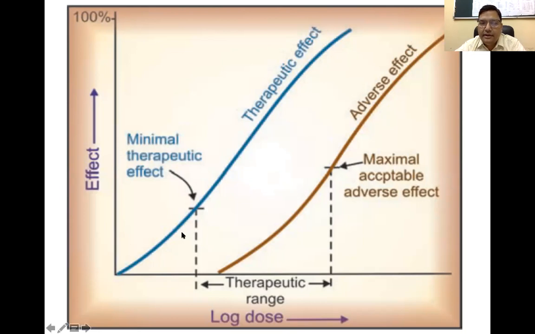That dose range is the therapeutic range in which we have to use the drug. That means it is the minimum drug required to produce the effect we want, up to the maximum tolerated dose or maximum acceptable side effect. If a drug has a wider acceptable range, the drug is safer. That we can also know from the log dose response curve.